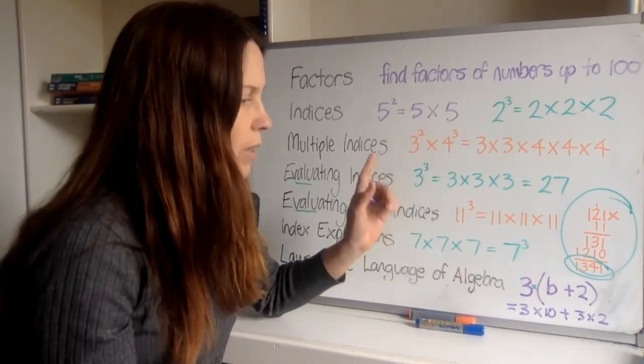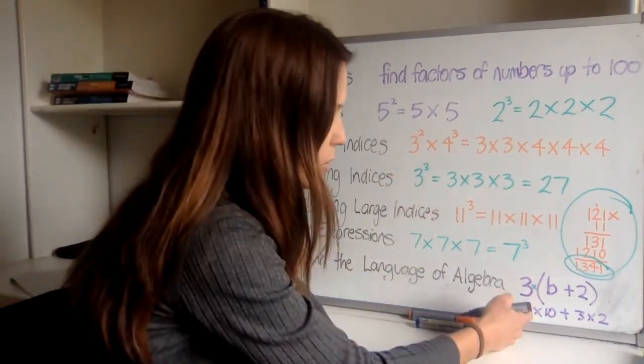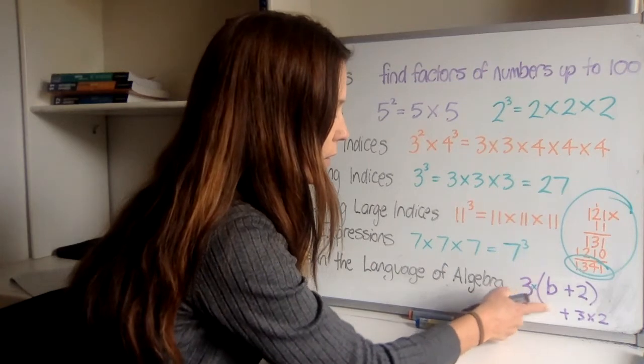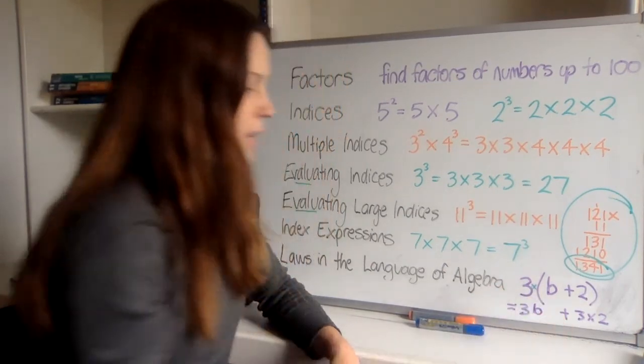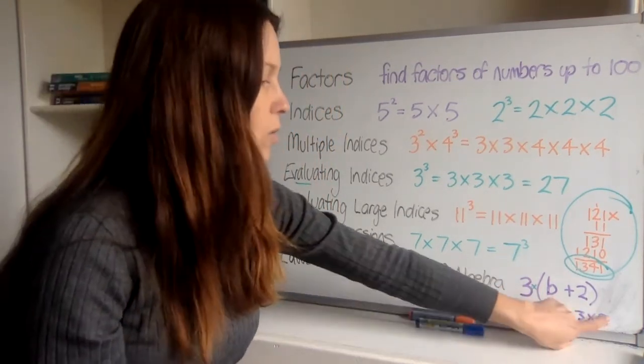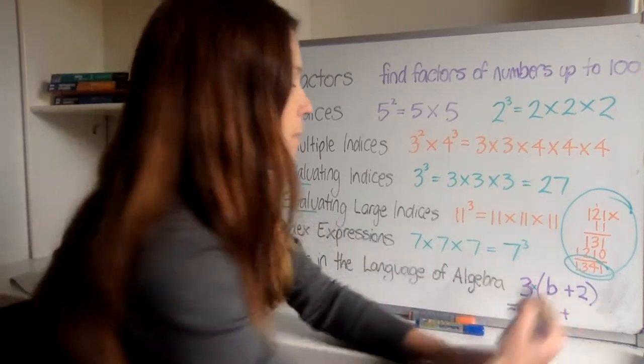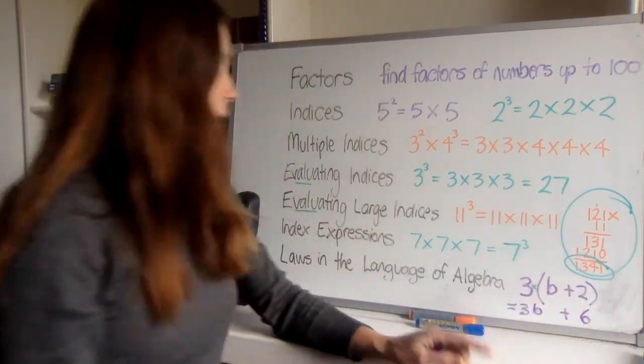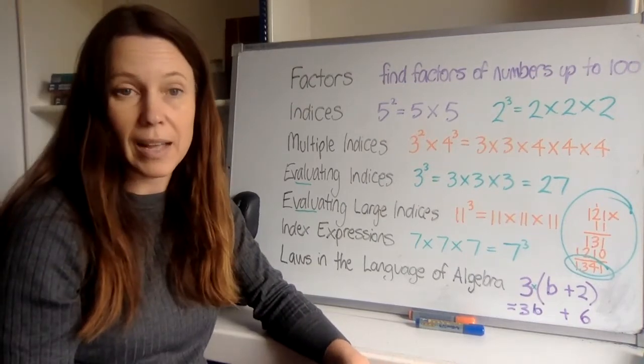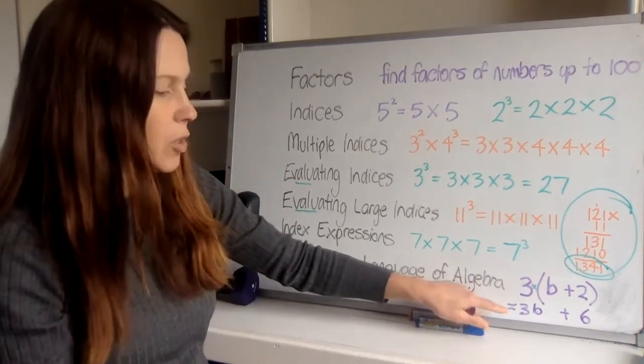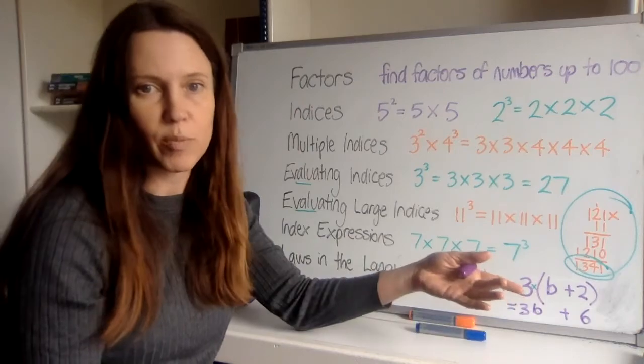It's a variable. But this new method tells us that we could do 3 lots of the B, and that would give us 3B. And then we could add that to 3 2s, which is 6. So by learning this distributive law and how to not do the brackets first, you're setting yourself up to be able to do more algebra work later.